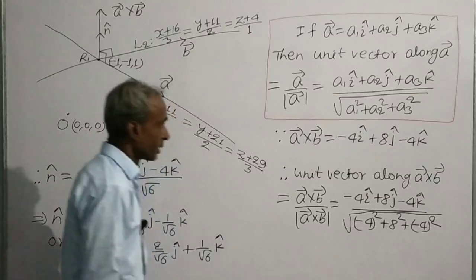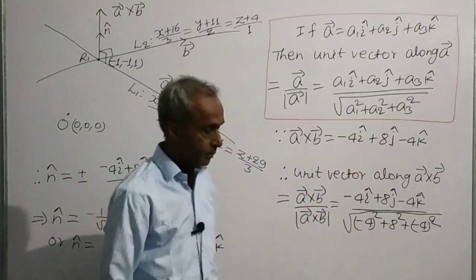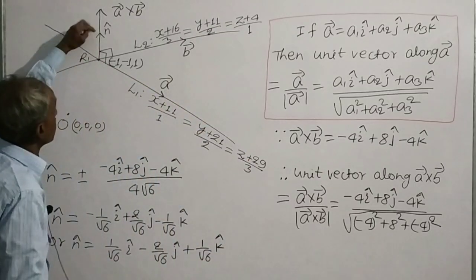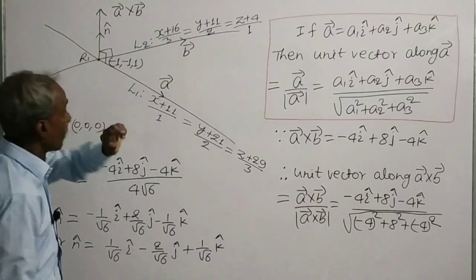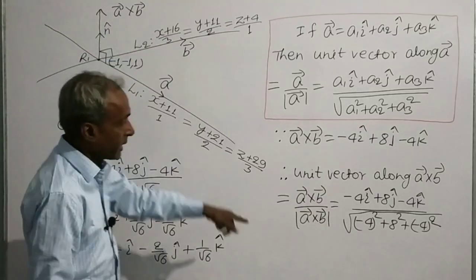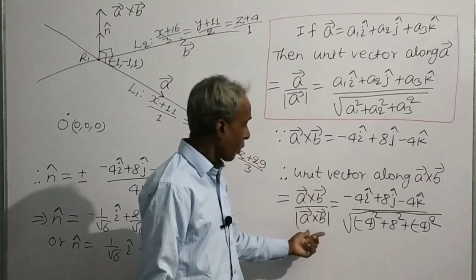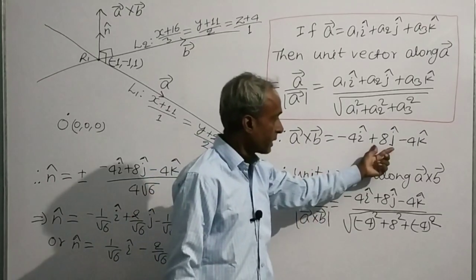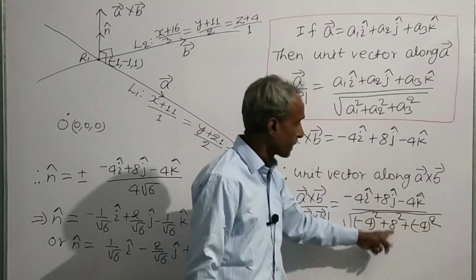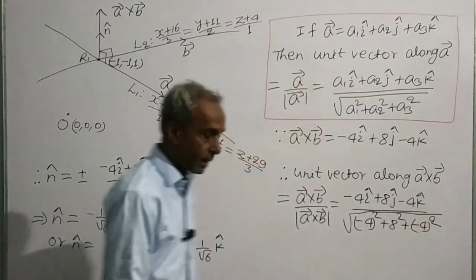Since A cross B is equal to this, a unit vector of magnitude one in the direction of A cross B will be A cross B by mod of A cross B, that is, this vector by square root of minus 4 square plus 8 square plus minus 4 square.